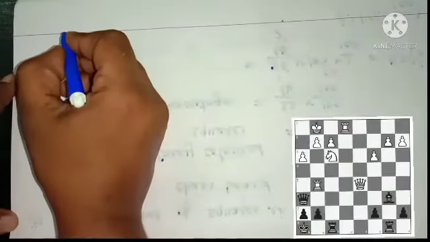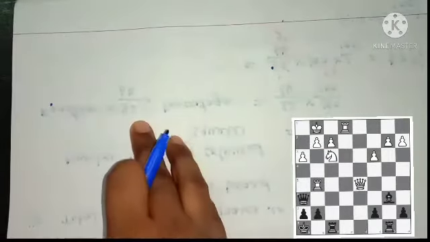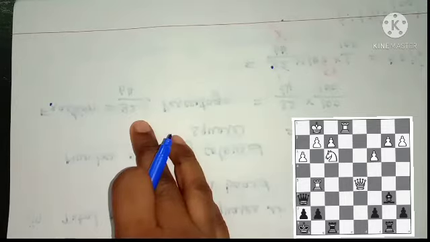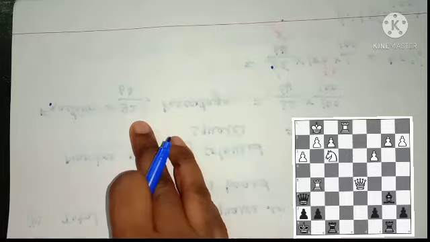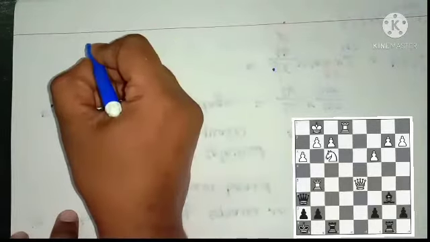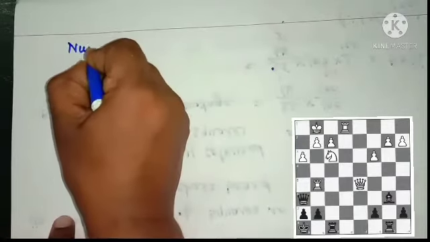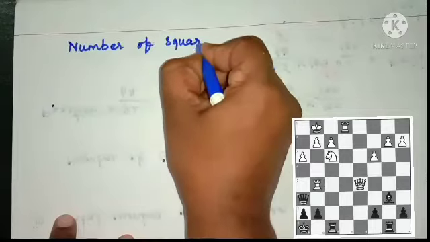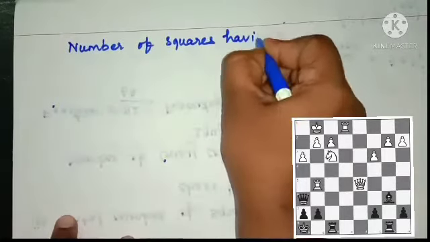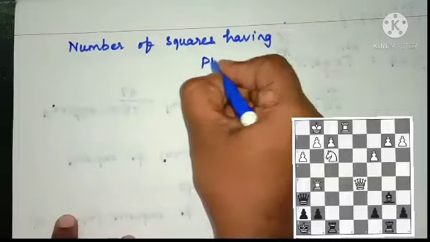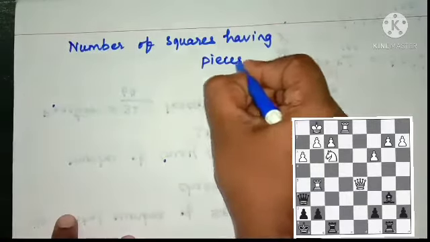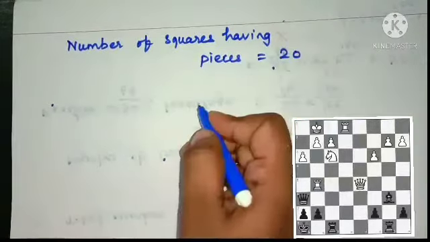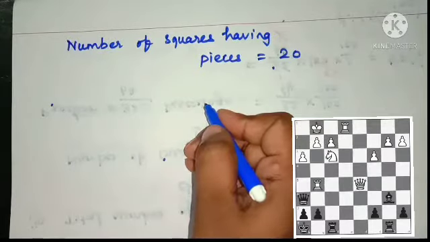Let us find the number of squares having pieces. The third one is to find the percentage of squares that have the pieces. So children, the number of squares having pieces, coins, is 20. 20 squares have pieces.